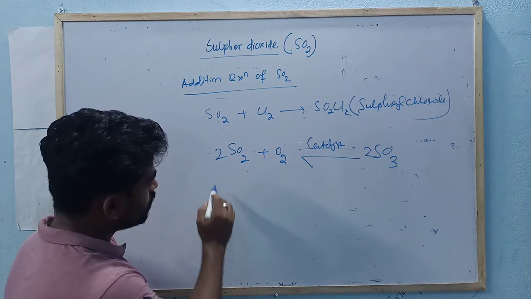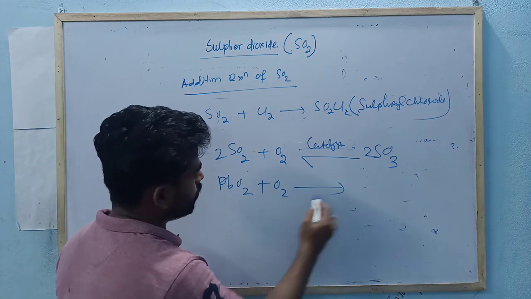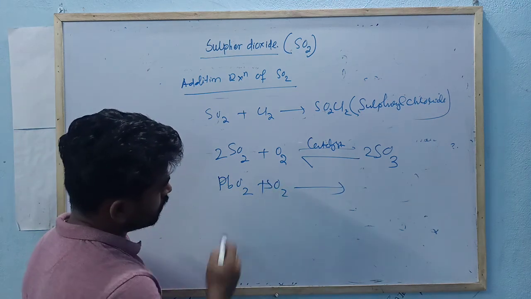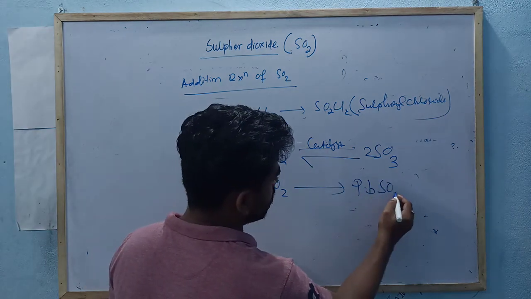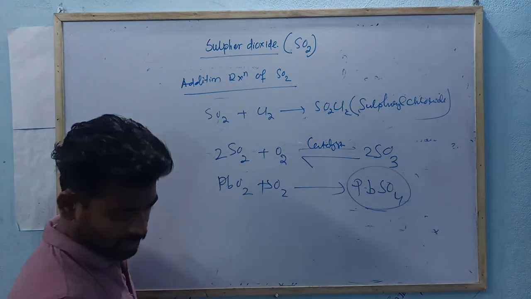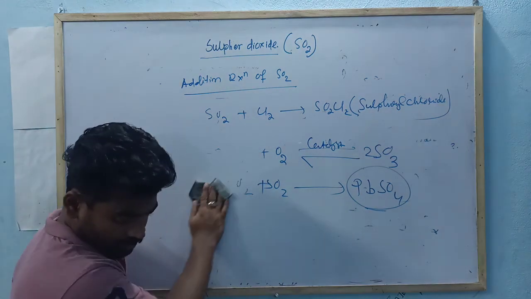Again, with PbO, lead oxide, plus O2 and SO2, it will form lead sulfate, PbSO4. So these are the addition reactions shown by your sulfur dioxide.